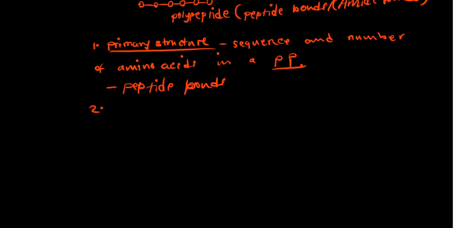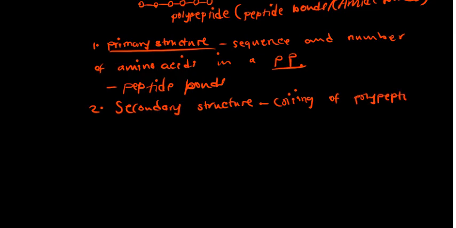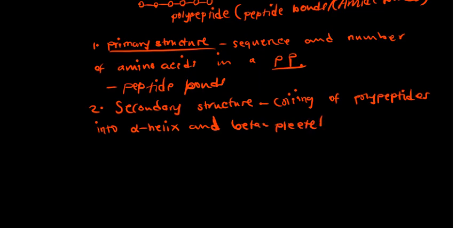Then the other level we have the secondary structure. So the secondary structure involves coiling of polypeptides to form helix, alpha helix, and beta pleated sheets.